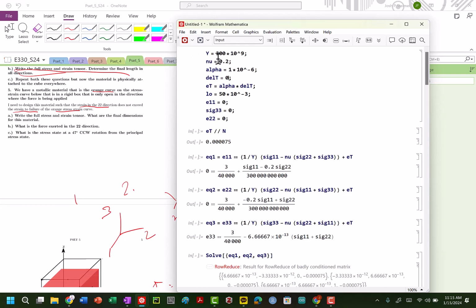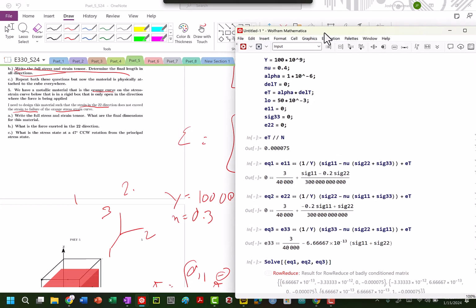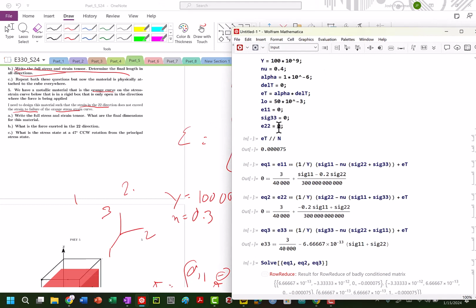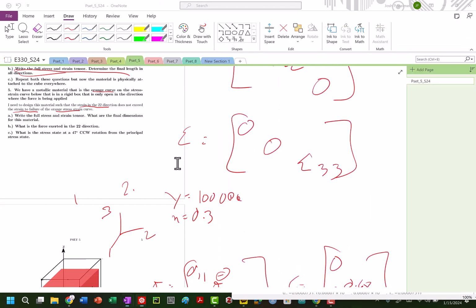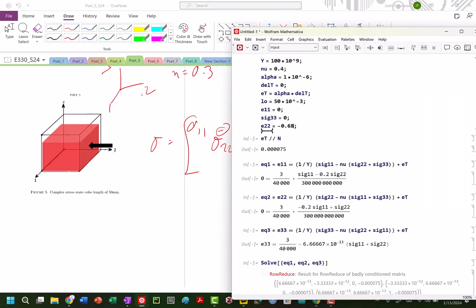We're going to change our Young's modulus, and we're going to change our nu. We know that our strain in 2-2 will be minus 0.68. I believe that we said that there's going to be no strain in the 1-1, so E11 is 0, E33 is equal to 0.